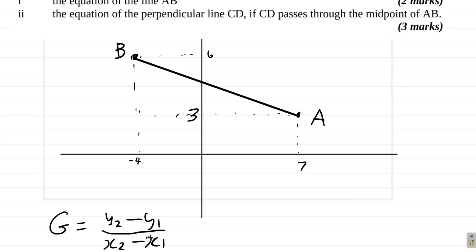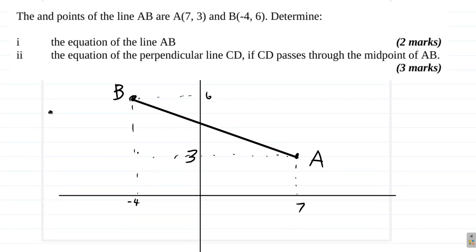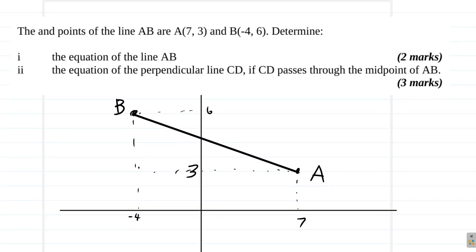So let's use this. Let us say that B is point 2. So in this case, B is at (-4, 6). So this is x2 and y2. And A, let's call it point 1, at (7, 3). This is x1 and this is y1. So y2 minus y1 would be 6 minus 3.